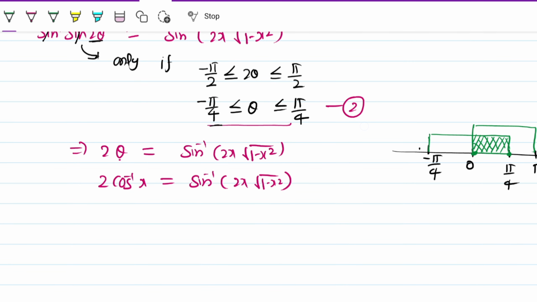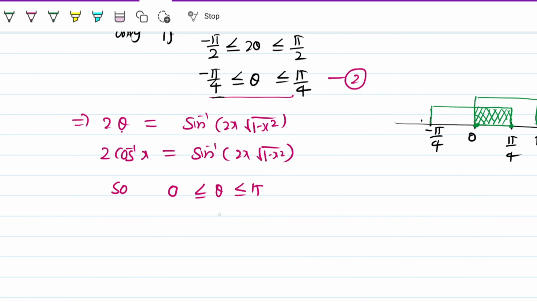So from equations 1 and 2 we can say that theta is greater or equal to 0 and less or equal to pi by 4, and theta means cos inverse x is greater or equal to 0 and less or equal to pi by 4. We know that cos inverse x is a decreasing function, and 0 to pi by 4 lies in the first quadrant.